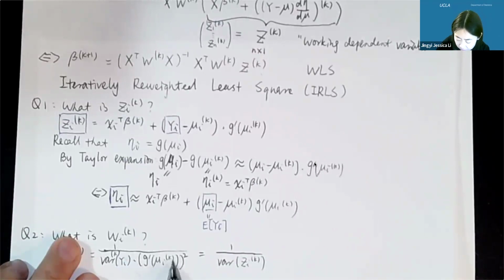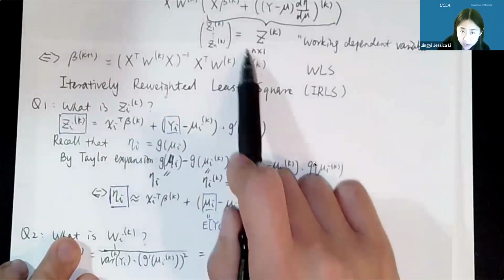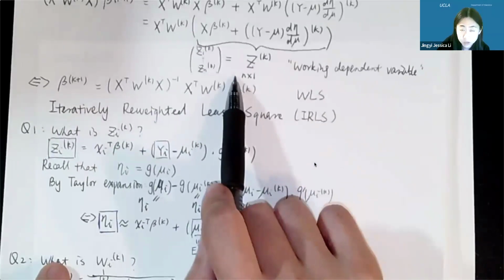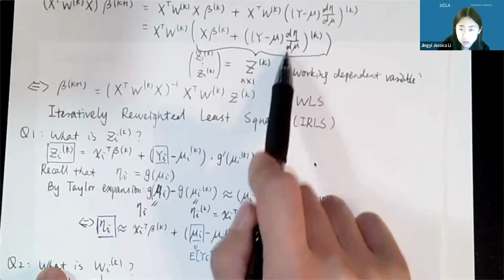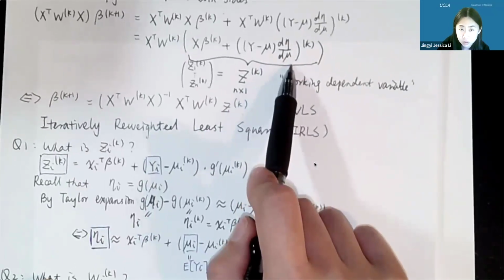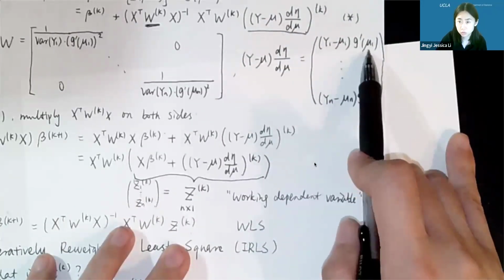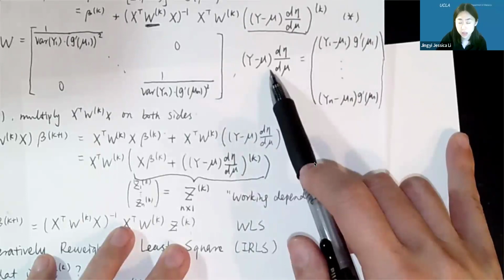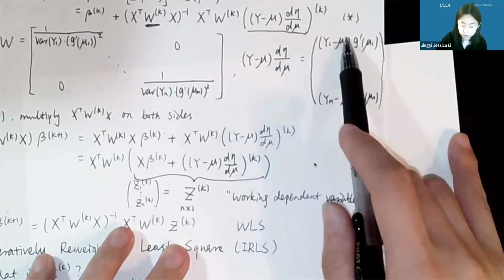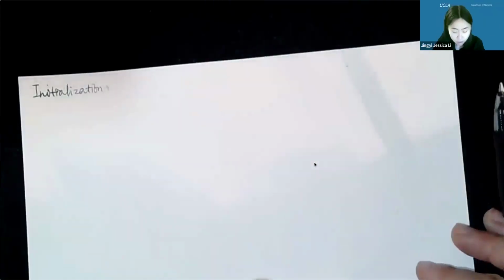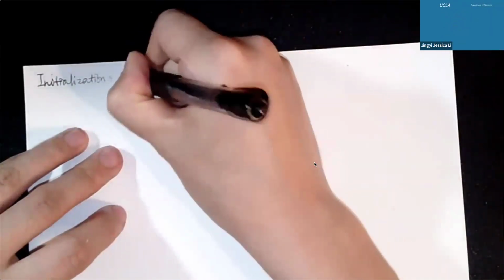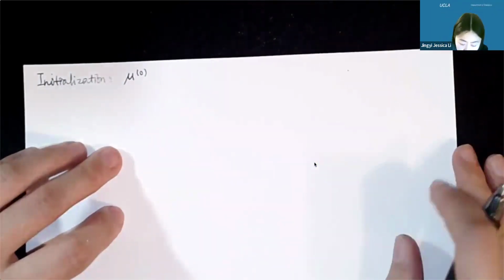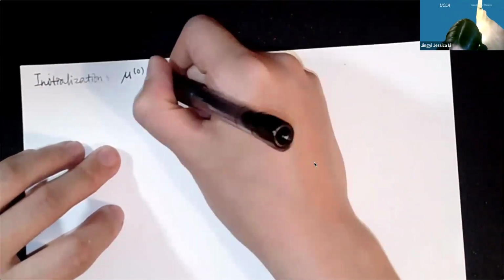In the zik definition, we need beta, mu, and d eta d mu, which is basically g prime of mu. So we need mu, beta, and eta. These are the things we need to update, so in the initialization, we set initial values for them. We set mu 0 just as y, our response.